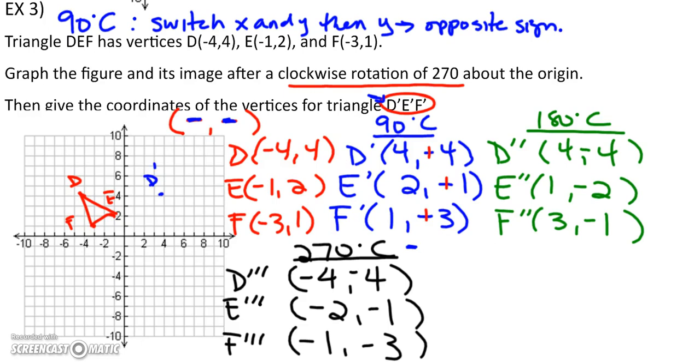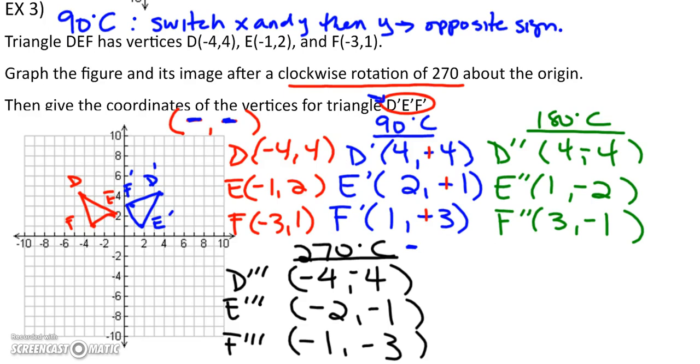Back to the origin, to the right 2, up 1, E prime. Back to the point of origin, to the right 1, and up 3, F prime. All right, so that's 90 degrees clockwise.